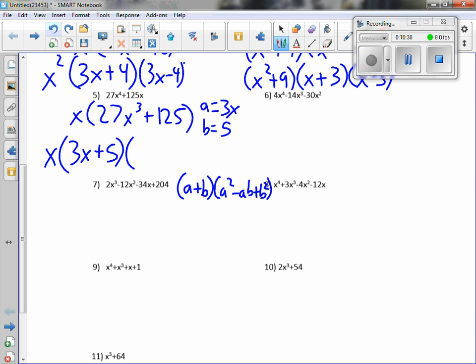A squared is, remember when we square, it's something times itself. So 3x times 3x is 9x squared. A lot of people will tell me a squared is 3x squared. That's not true. You need to multiply the whole thing times itself. So then we get minus a times b, which is 15x, plus b squared, which is 25. And that's your final answer.